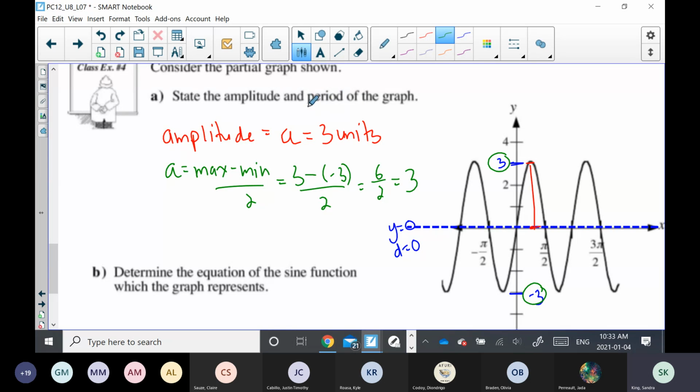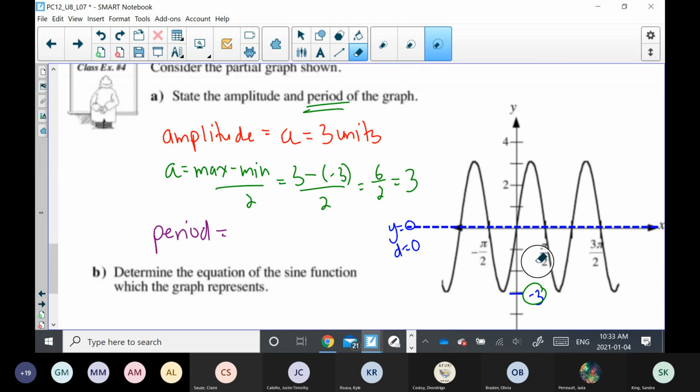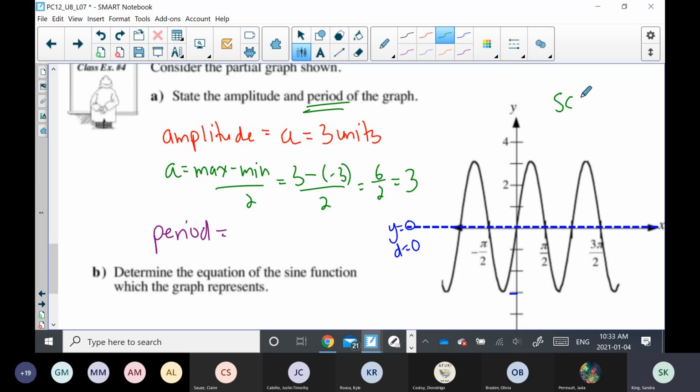Okay, the period of the graph. So let's write period is equal to. We have to find when the graph repeats itself. And in order to do that, we should figure out what the scale of this graph is. So hopefully you guys are good now at scale.